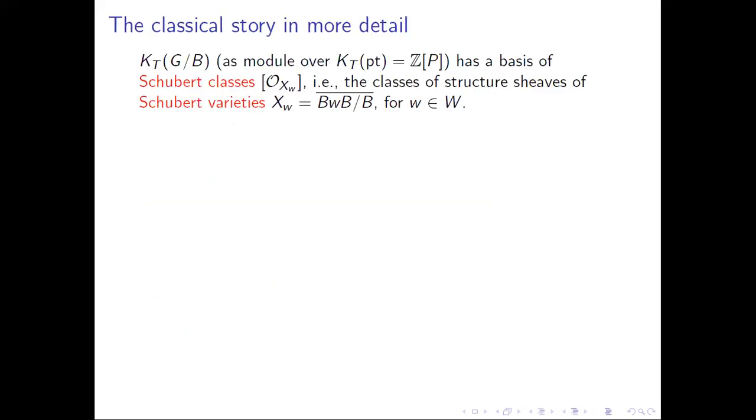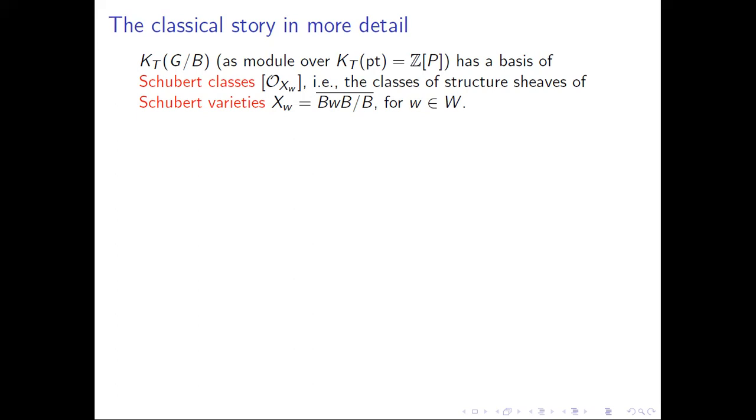So now with this notation, I can explain the classical story I mentioned at the beginning. We need to consider the T-equivariant K-theory of the flag variety G mod B as a module over the K-theory of a point, which is identified with the representation ring of the torus, or the group algebra of the weight lattice.